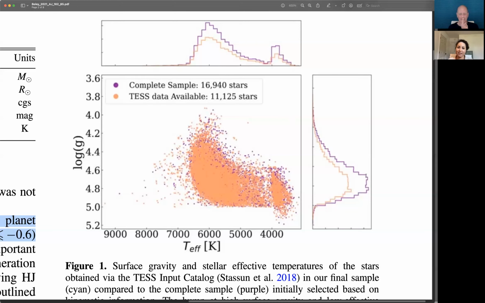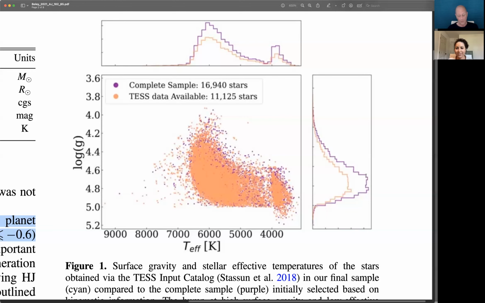From there, we had to actually download the data. As you can imagine, 11,000 stars is quite a bit of data. And not all of that data had 2-minute cadence data available, so we had to rely on the FFI data.